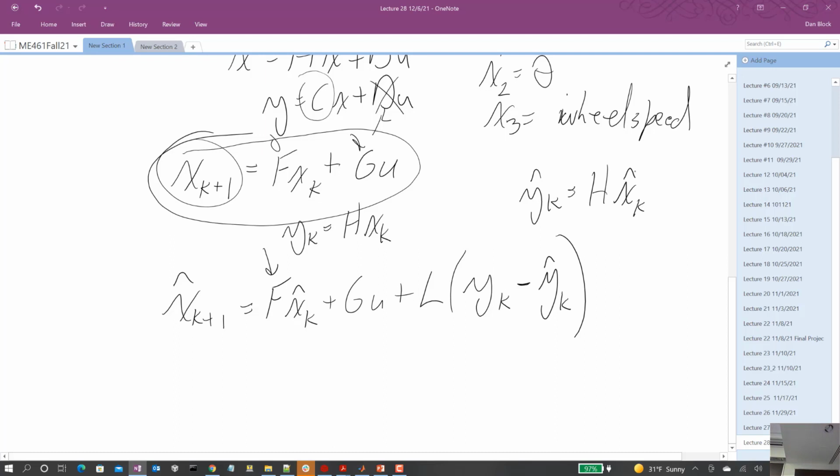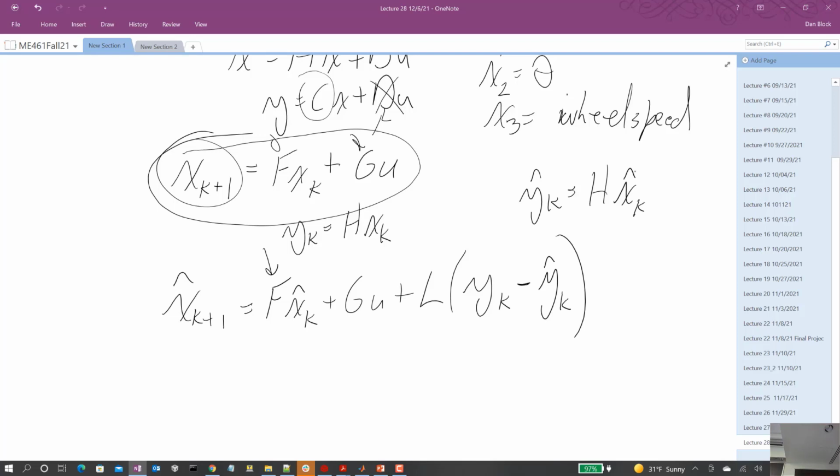So the idea is, can we come up with this L to make the estimate converge to the real states? That's the whole point of an observer, sometimes called an estimator.